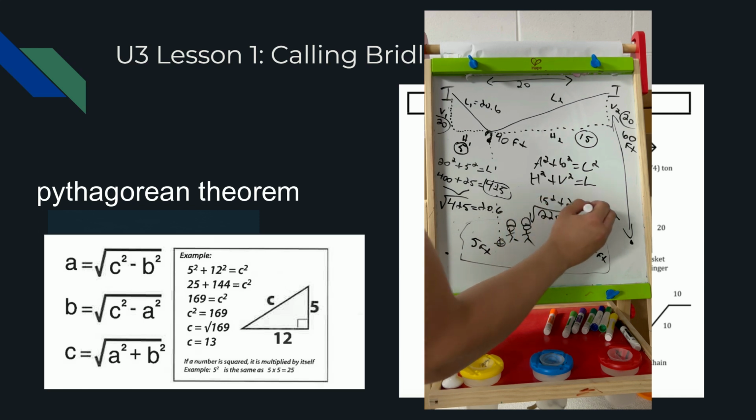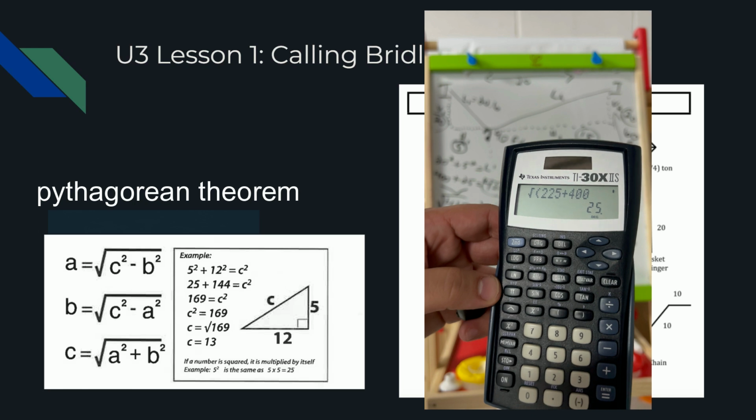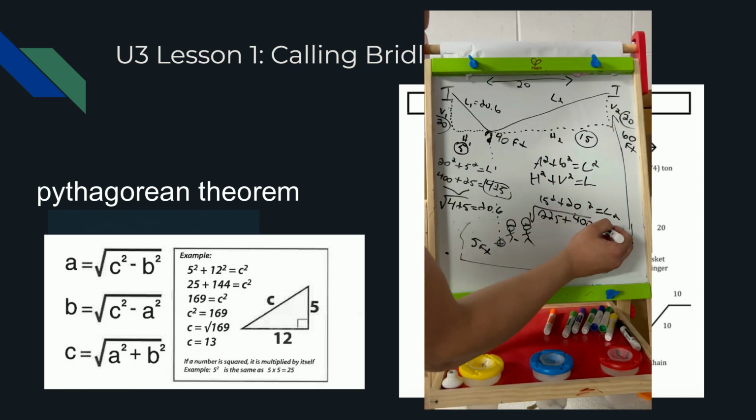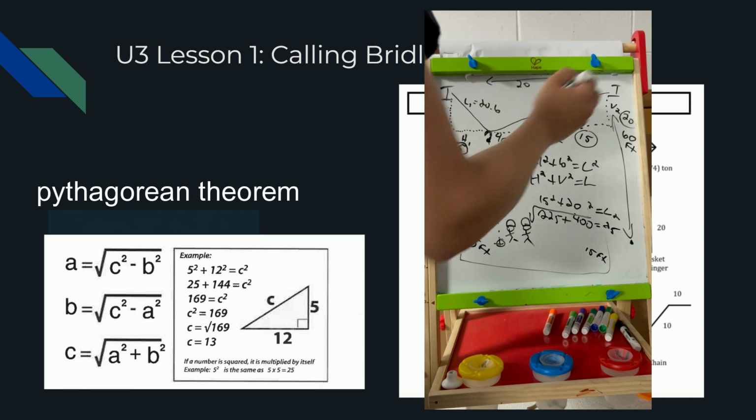Like I said, you could throw this whole thing into the calculator. So it's the square root of 225 plus 400, which will equal 25. So now we know L2 equals 25.